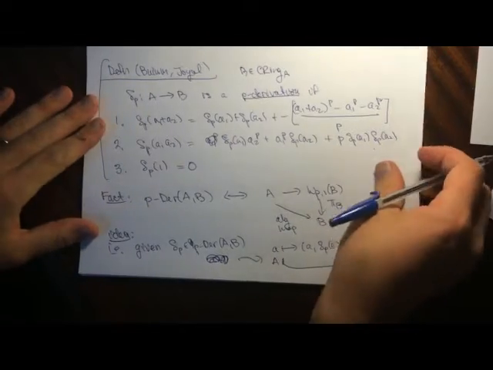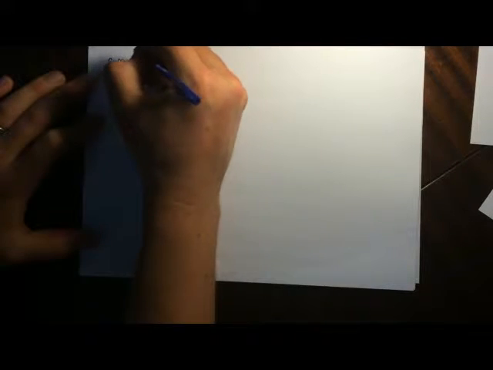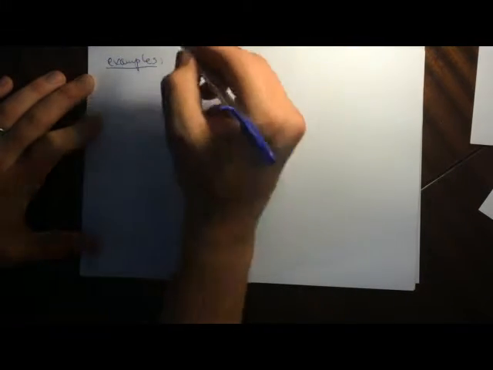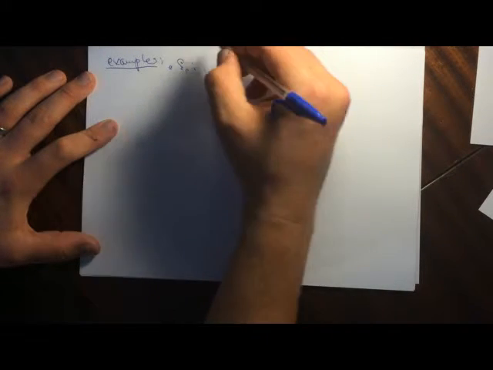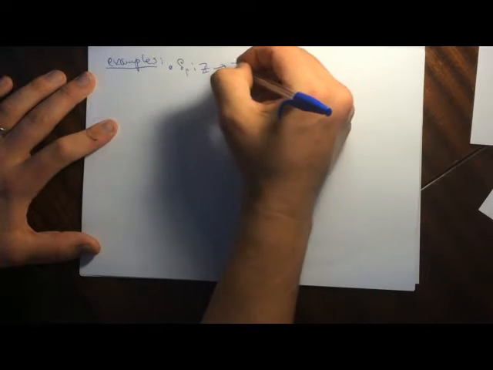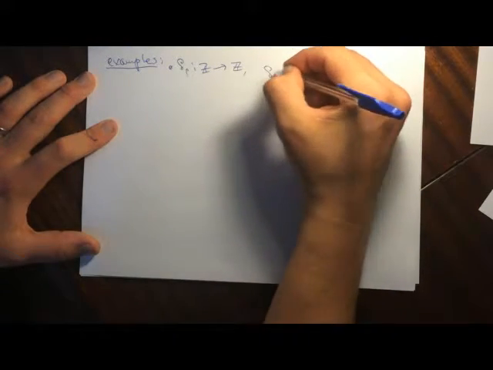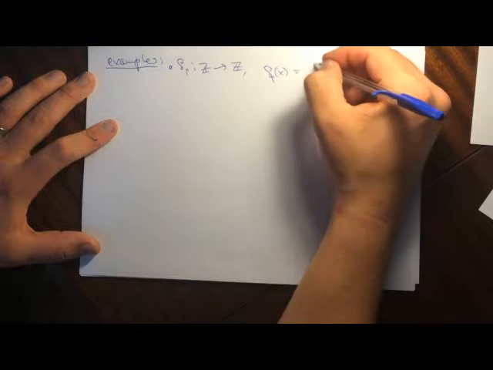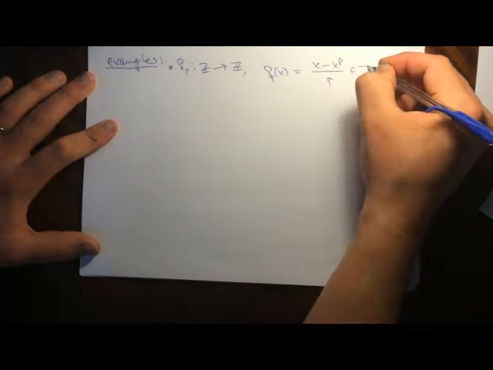So let me just give some examples. Okay, so on the integers, there's a unique one. What you do on the integers is you take some integer x and you do (x minus x^p) divided by p. This is a new integer.